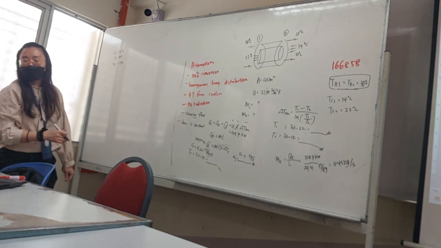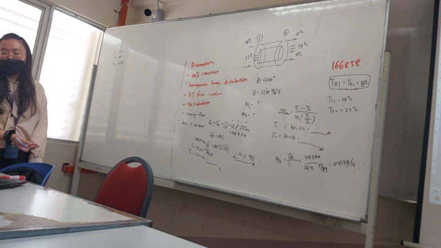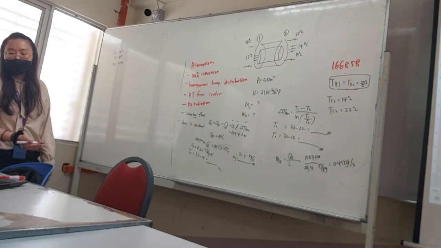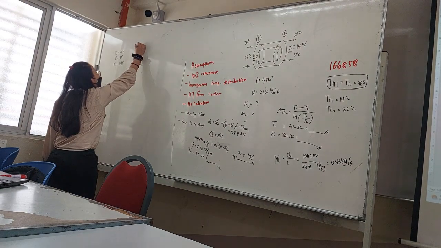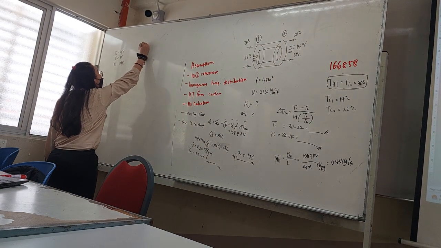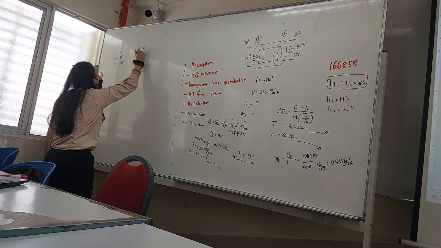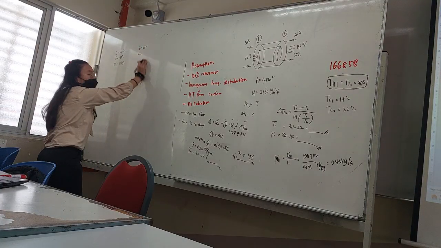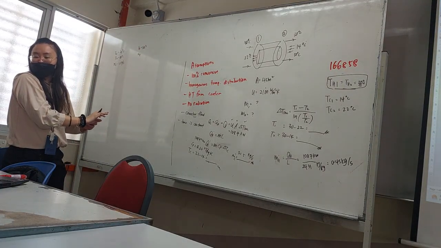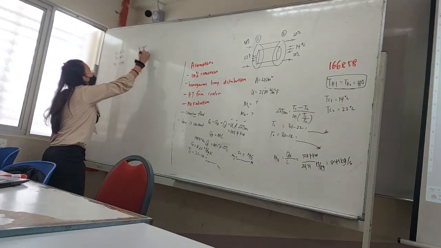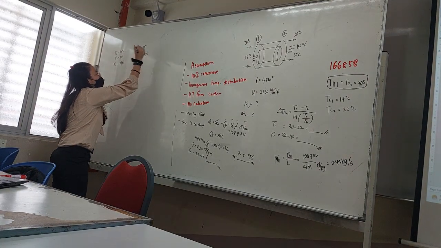Okay, so the heating is to be done by the geothermal water available. So they give you Th1, 160 degrees Celsius. They give you m dot, which is 2 kg per second.